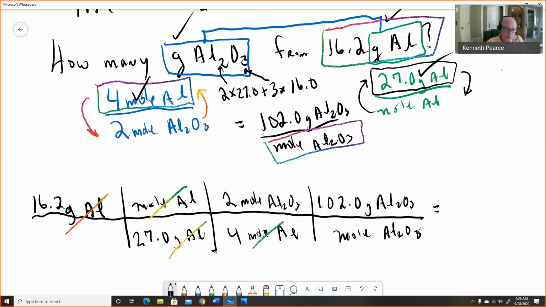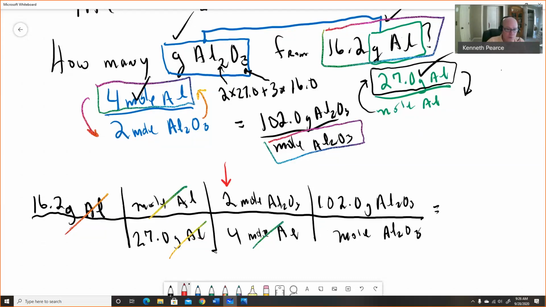If you notice, and I'm going to emphasize this again, that 4 on the 4 moles aluminum and the 2 moles aluminum oxide, those came from the balanced equation. Sometimes people want to put a 2 here because they say, well, there's 2 moles. Well, no. The 2 of the 2 moles is handled by the mole ratio, okay?